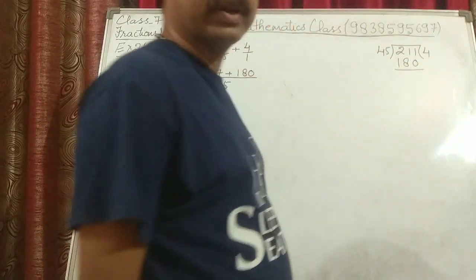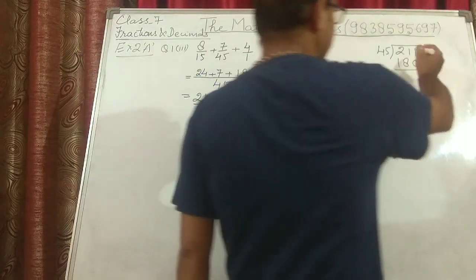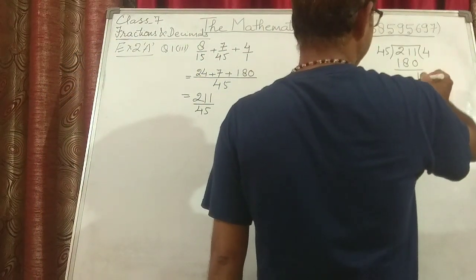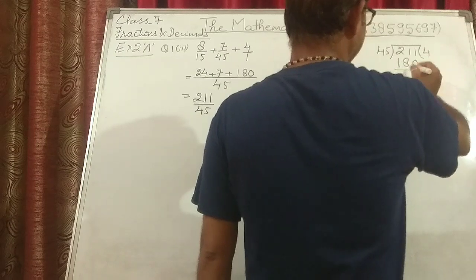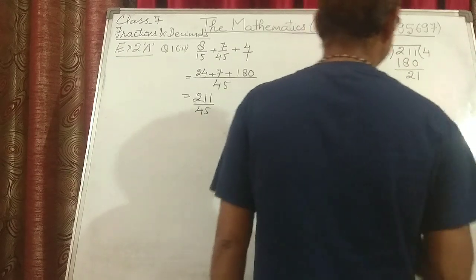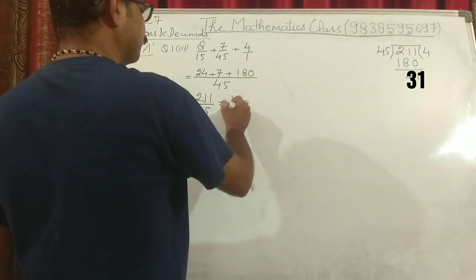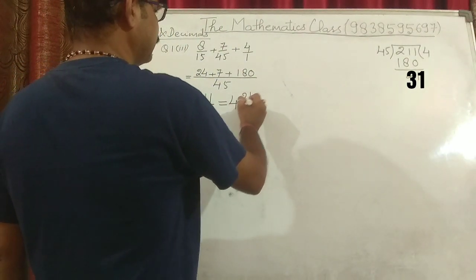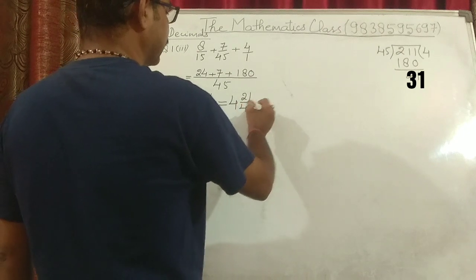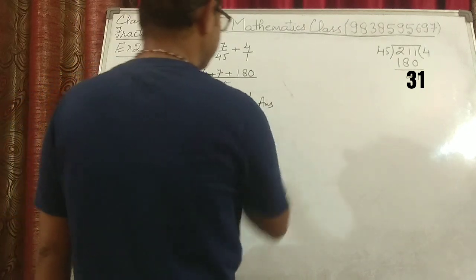Okay, so what is left? 211 minus 180 is 31... so 21 is left. So we can write it as 4 whole 21 upon 45. This is the final value.